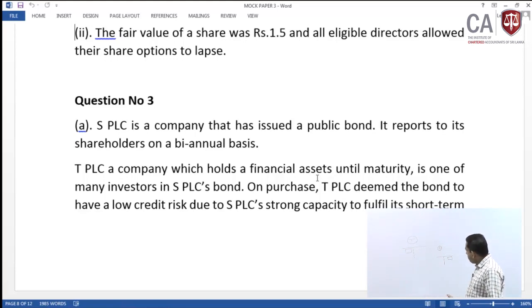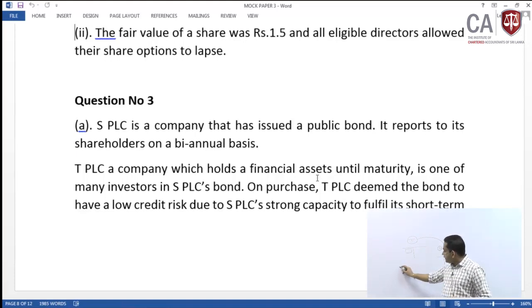Now, at the time T made the investment in the bonds of company S, the credit risk of the bonds of company S is assessed to have been very low at the time of the investment.